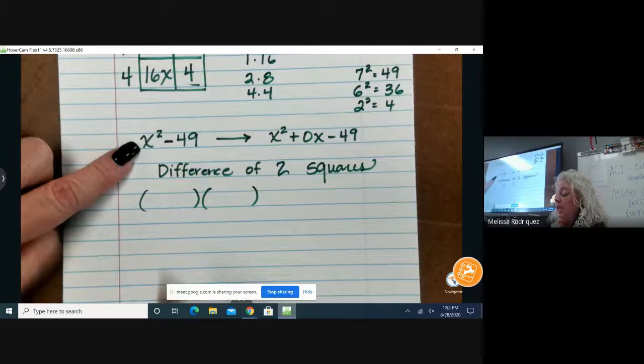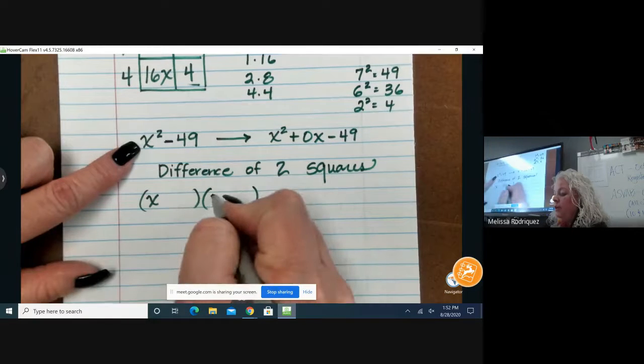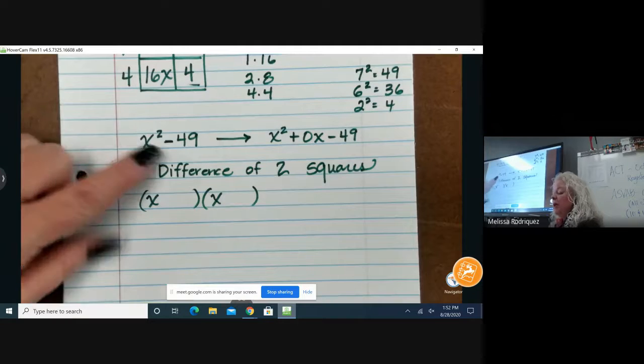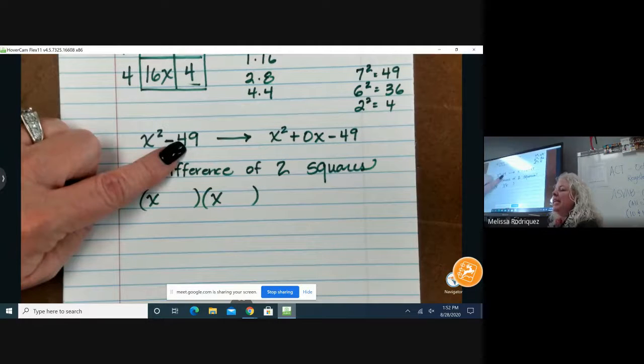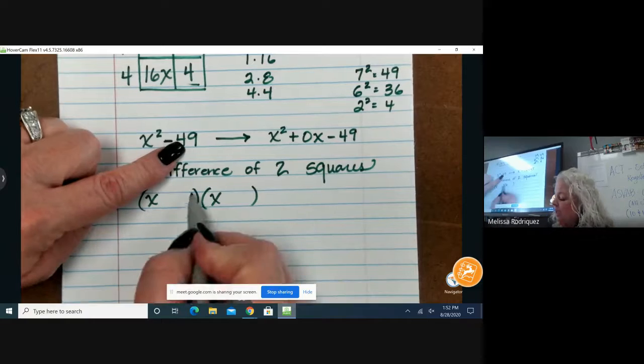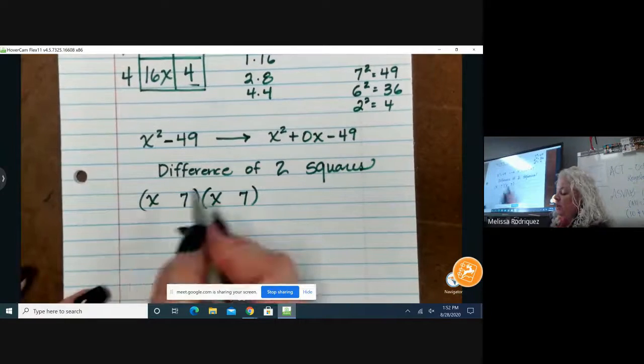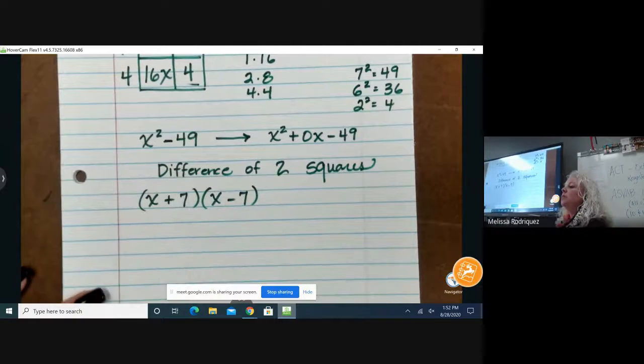X. That goes in the first blank. What is the square root of 49? 7. That goes in the next blanks. You get one of each, positive and negative, or negative and positive. And it's done. It's factored.